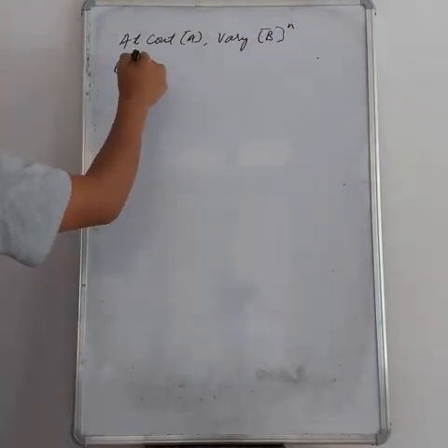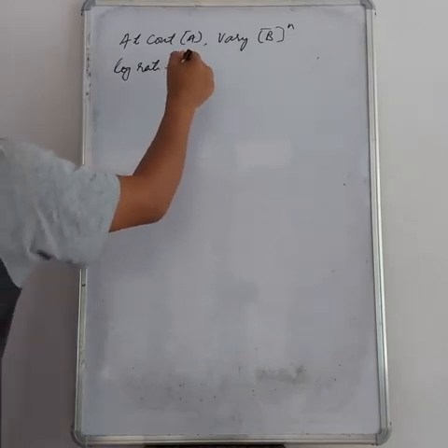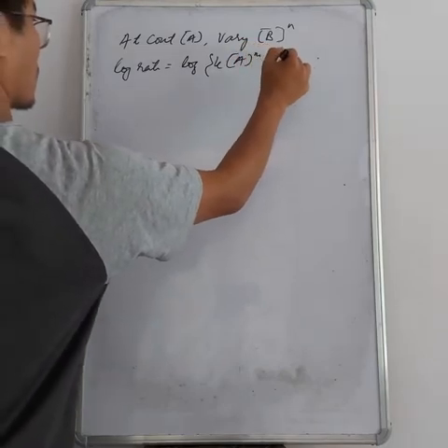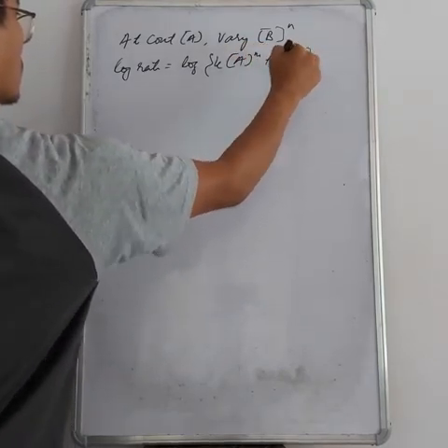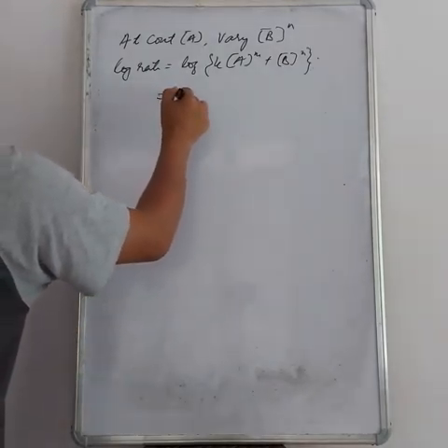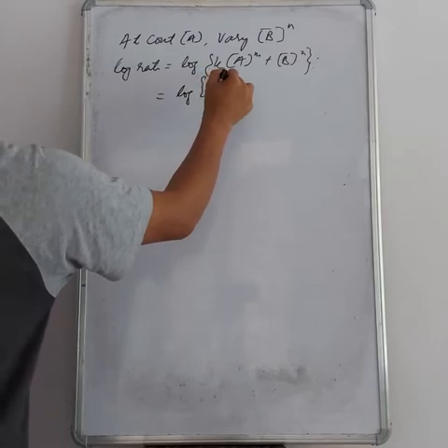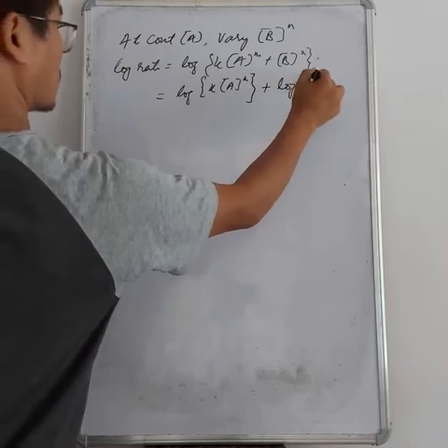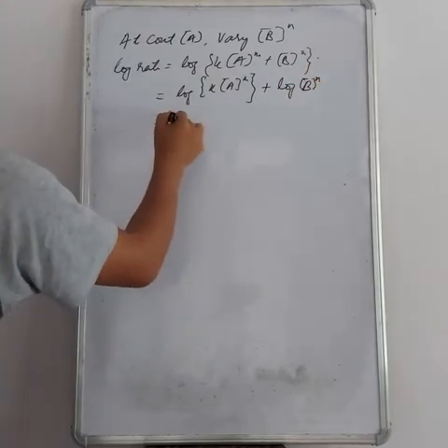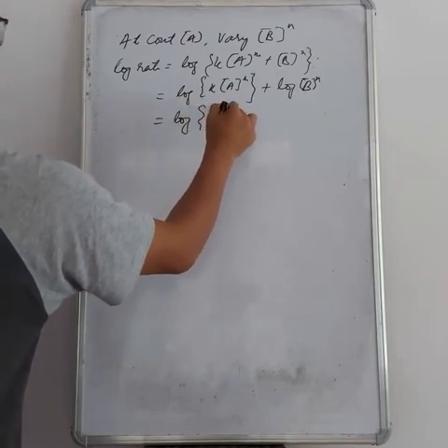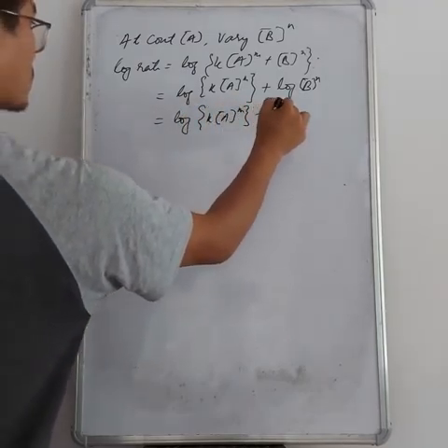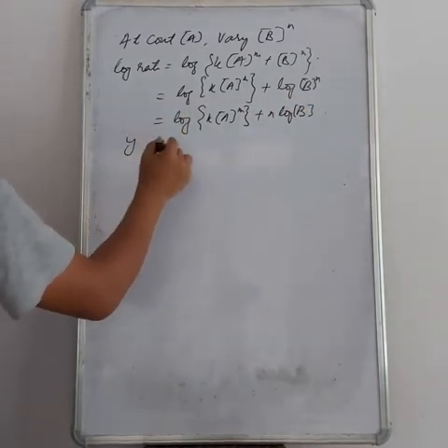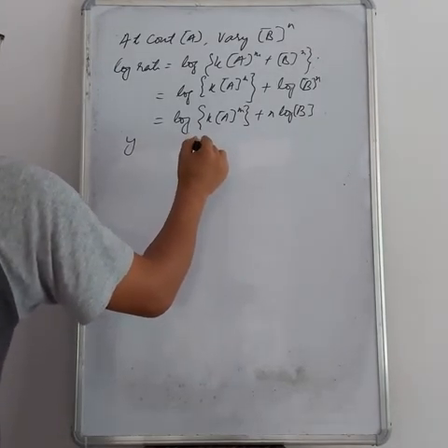So log of rate is equal to log k A to the power m B to the power n, which is equal to log k A to the power m plus n log B. So again, we're getting the same function, y is equal to mx plus c.